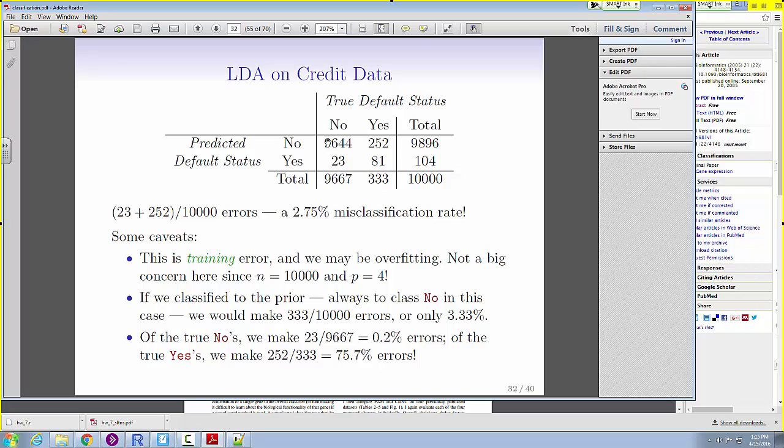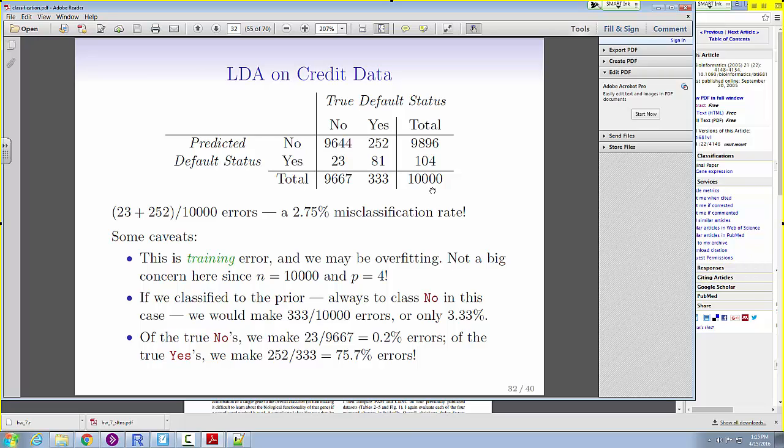This table shows our training data, for which we had, let's say, 10,000 individuals. For each of our 10,000 individuals, we knew cancer status. Training data, we know the classes.